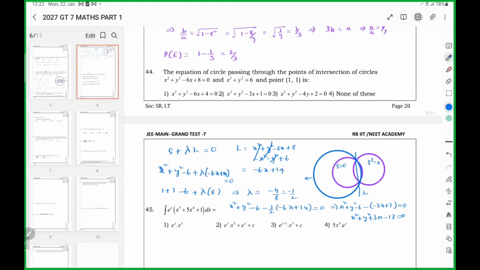So the option is not there. Minus 6x minus 8, minus of... here I think I made a mistake, plus 8 is correct, 14. I took a circle passing 2 minus 6 minus 4 plus lambda is 8, minus of minus 3x plus 7 plus 3x minus 7. Fourth option.